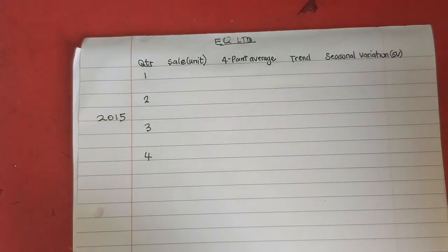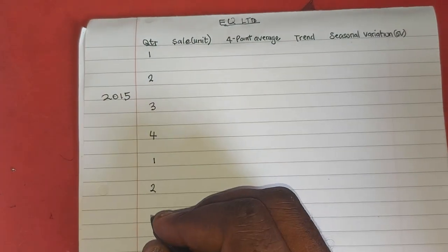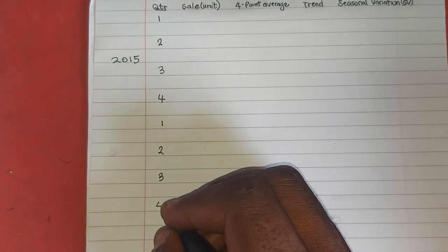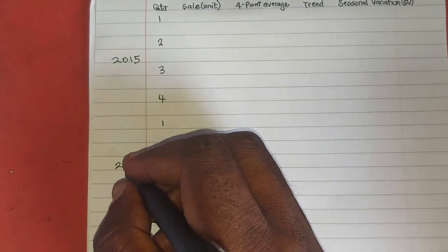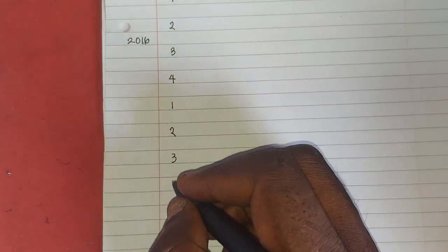Then you start again quarter 1, quarter 2, quarter 3, and quarter 4 for 2016, quarter 1, 2, 3, and 4 for 2017, and lastly quarter 1, 2, 3, and 4 for 2018.